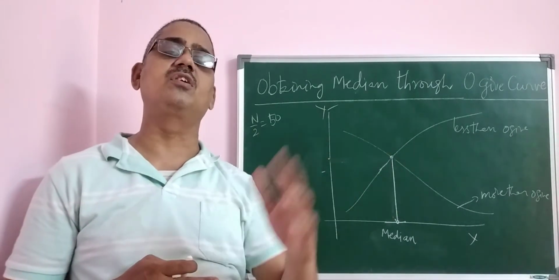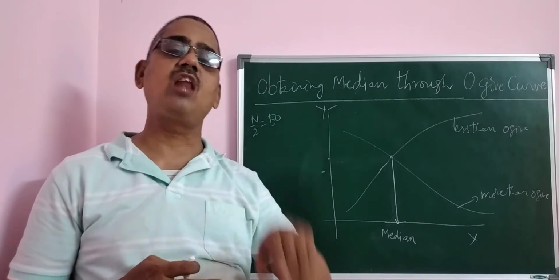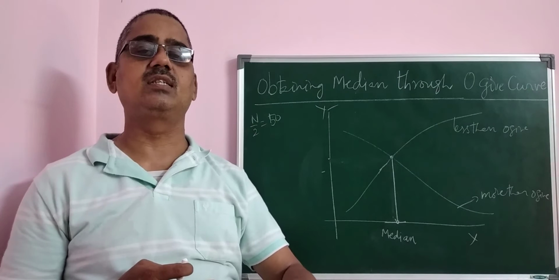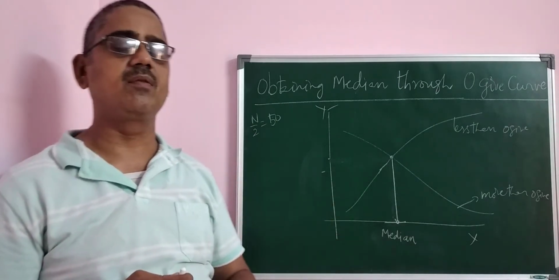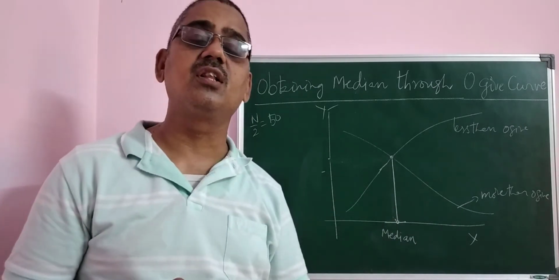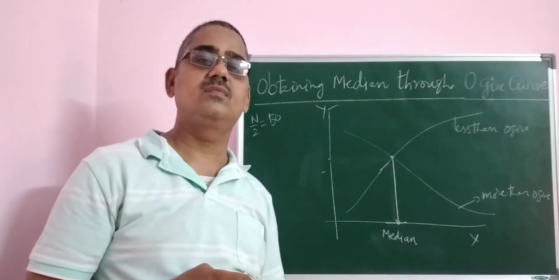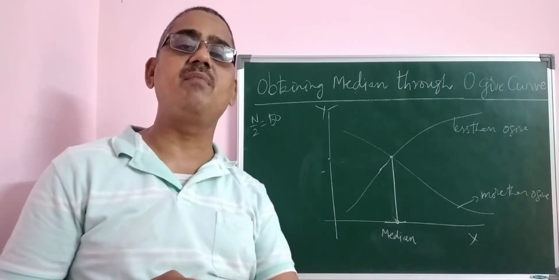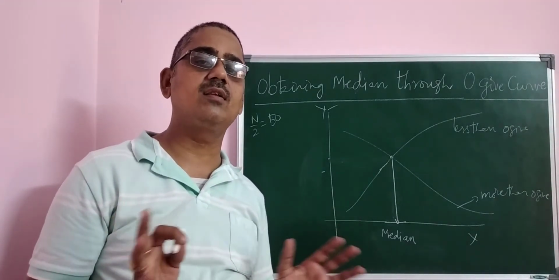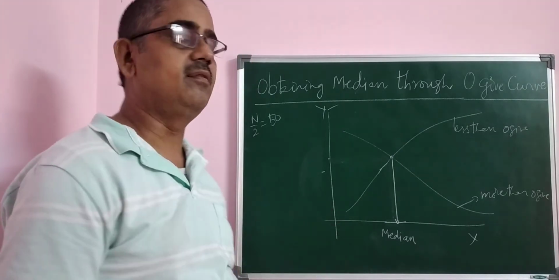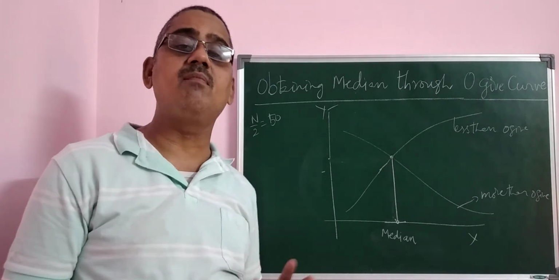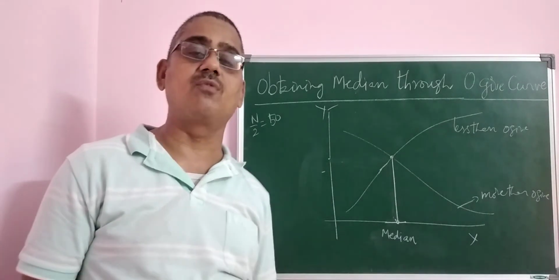That value of x, a class interval or something, gives the value of the median, where this perpendicular line meets. Hope you understand. This is the calculation of the median, or obtaining the median through Ogive curves.